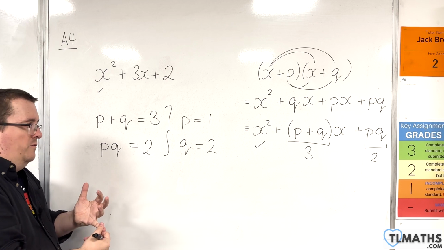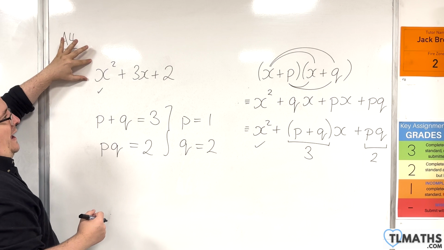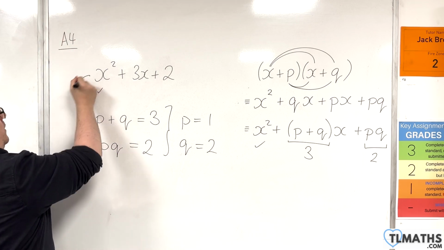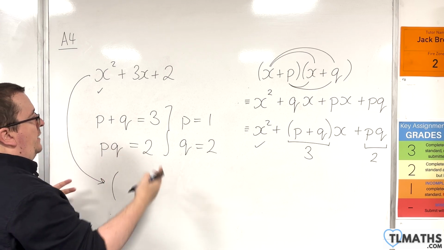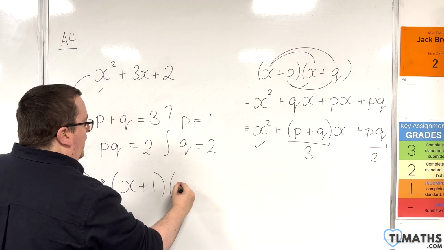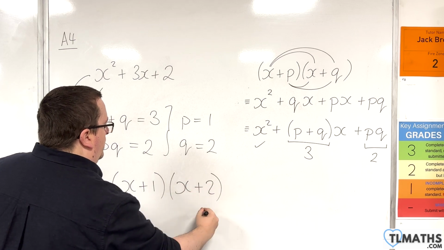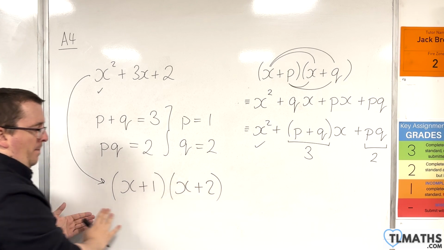It wouldn't matter. So now we have the p and the q that we need. This can then factorise to x plus 1, x plus 2, and this is now in factorised form.